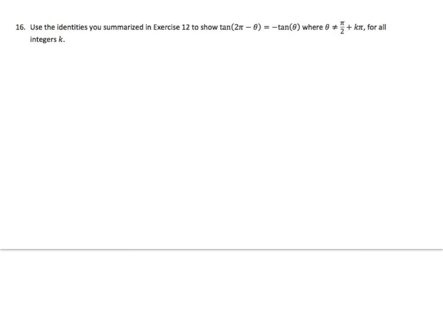And number 16, use the identities you summarized in exercise 12 to show that tan 2 pi minus theta equals negative tan theta. Okay, I'm going to go back and look at exercise 9, so go back and look at exercise 9 yourself. You've written it down too.